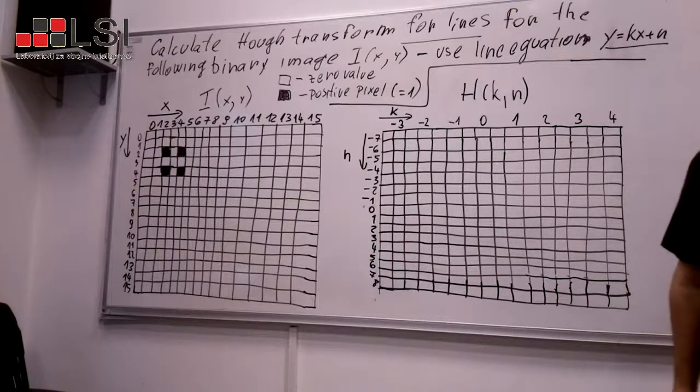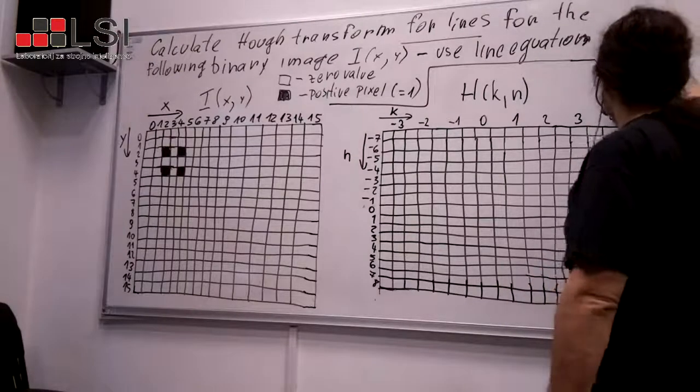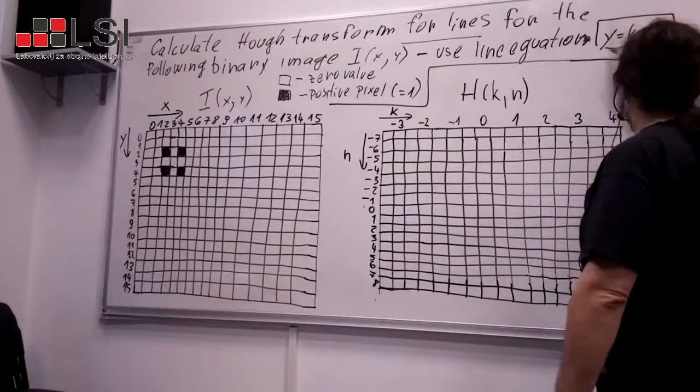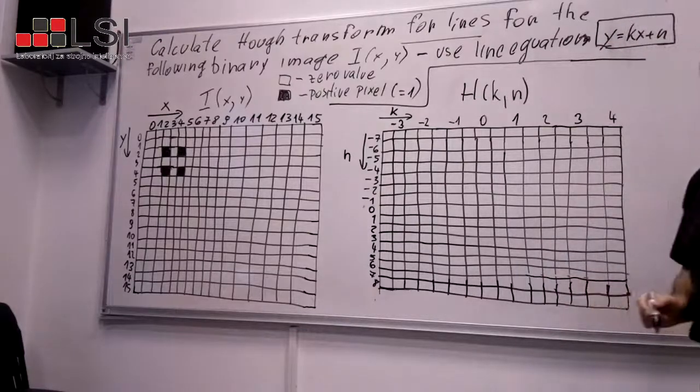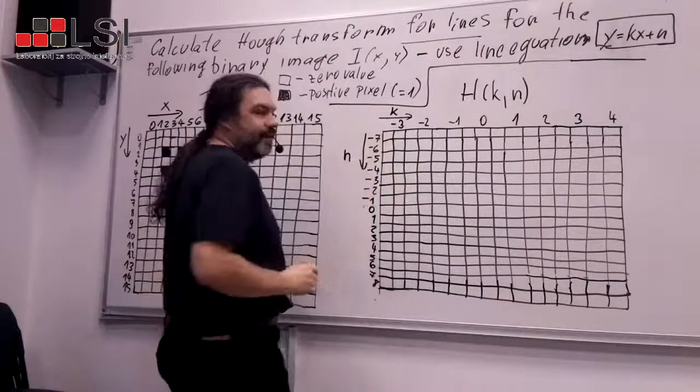Okay, so how do we solve this one? First, we have this equation of a line, which is here. Now what do you see in your accumulator? We have N and K here.